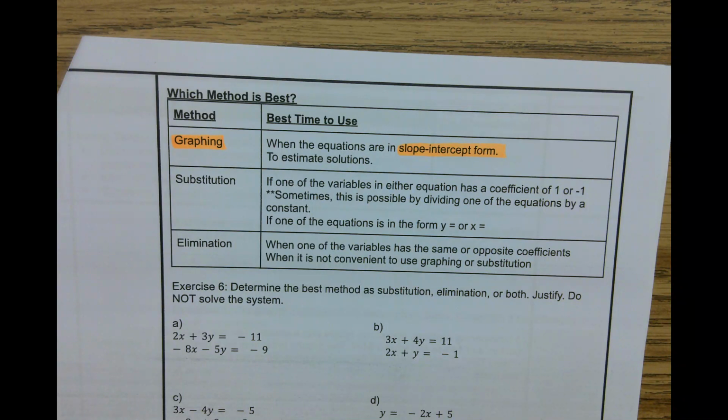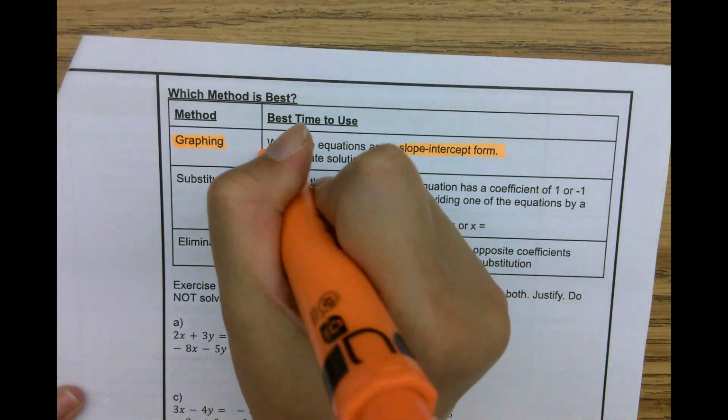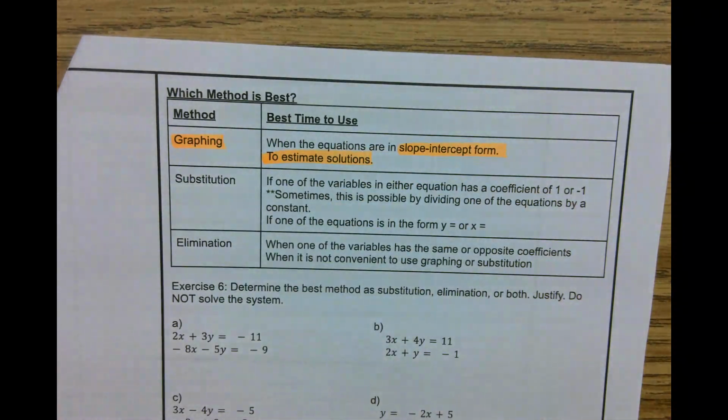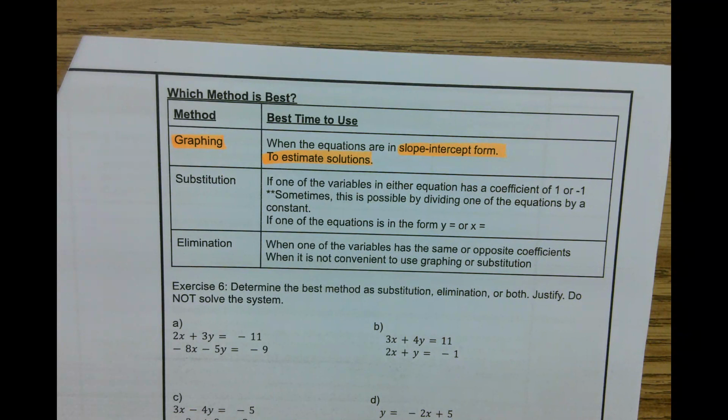In those cases, graphing only helps us to estimate solutions, right? So when our solution is 3.5 comma 1.5, graphing is hard. How do we know it's 3.5 versus 3.6 versus 3.54? Whenever we have a decimal or a fraction answer, graphing only gives us an estimate.